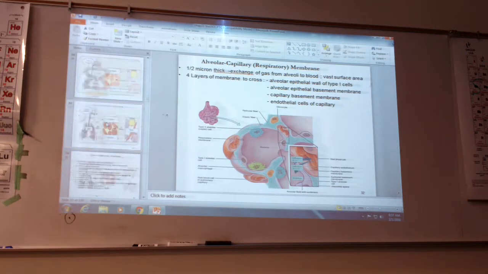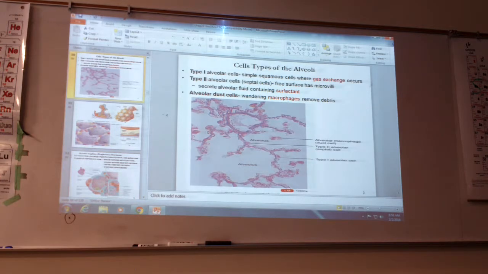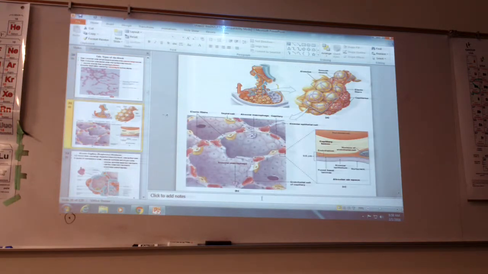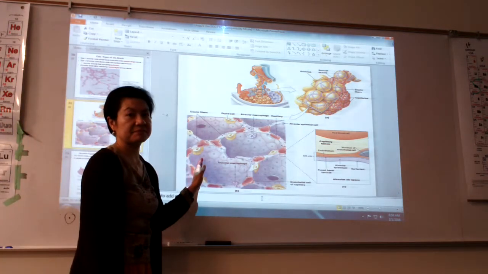While we're in the alveolus part, I want you to know that this alveolus is made up of simple squamous epithelium, but these simple squamous epithelium cells have names. They have two names.